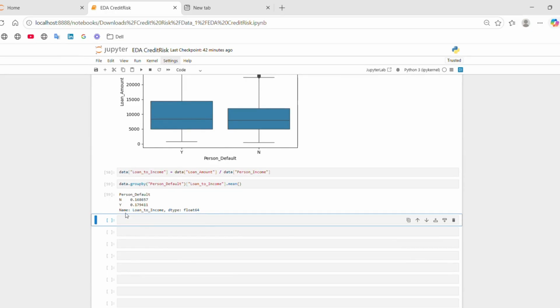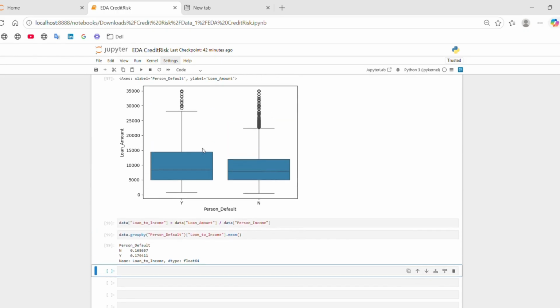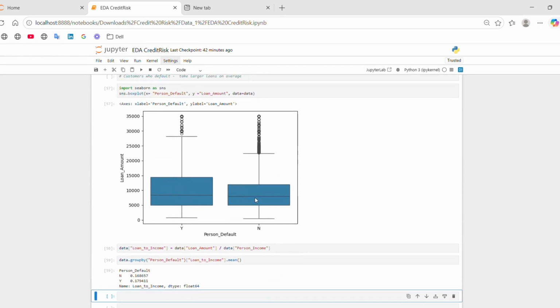Okay, so now from here we see that the persons who have defaulted have high loan to income, 17.9%, and from the box plot we see that both the defaulters and the non-defaulters have a similar median. The black line in the middle is approximately equal to 8,000 or so for both, and if you calculate the spread as well, that will also come out to be similar.